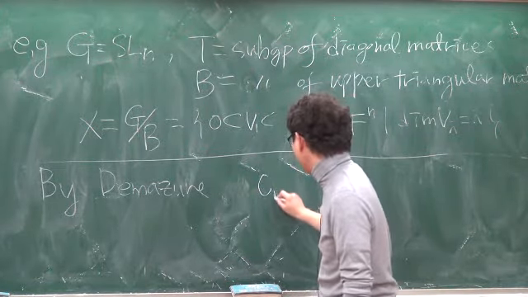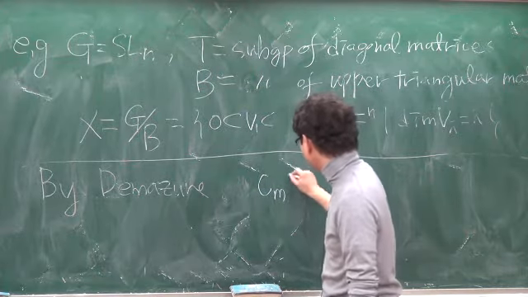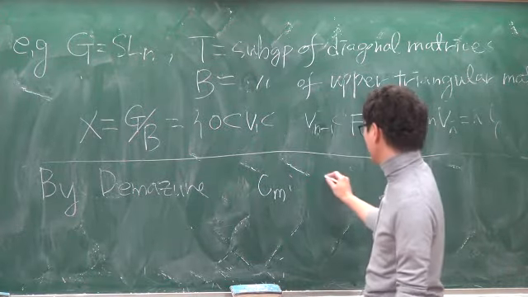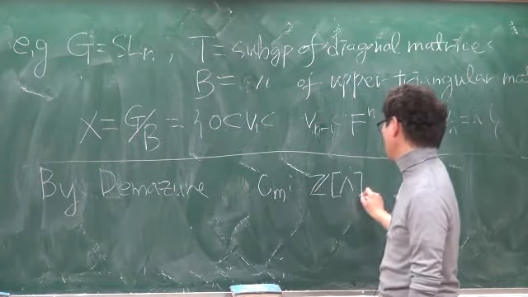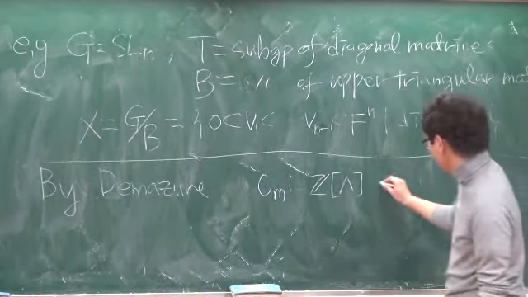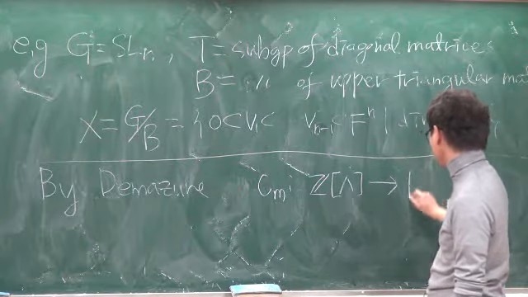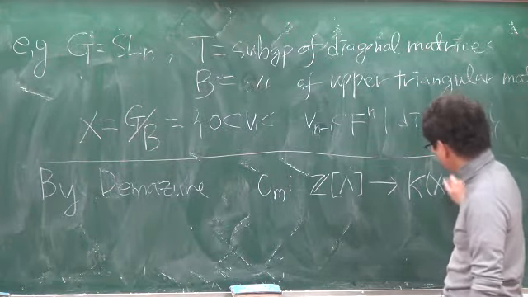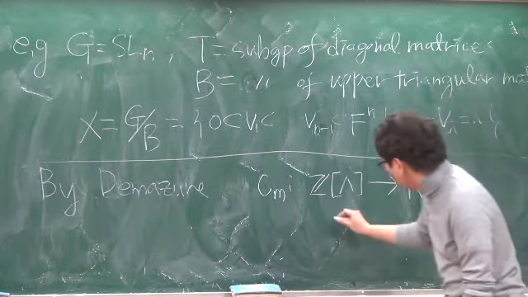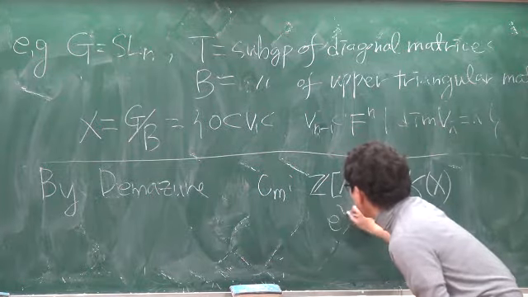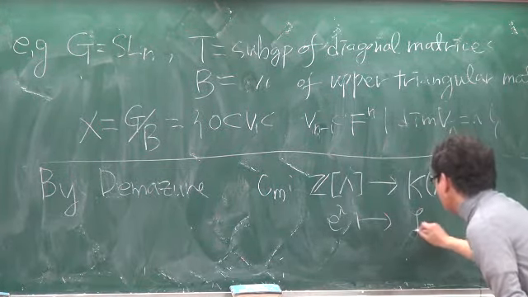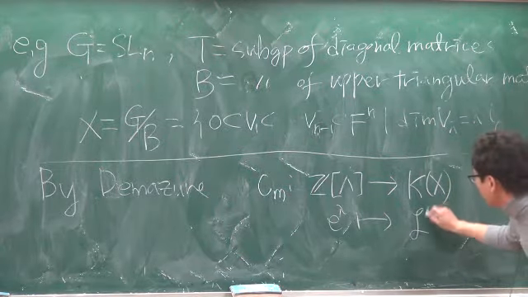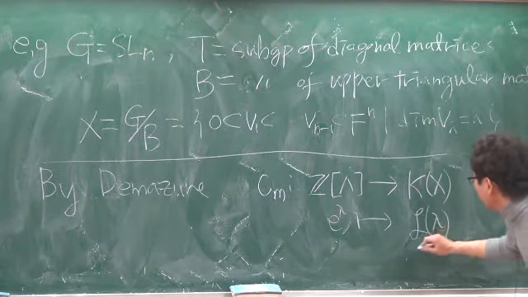The multiplicative characteristic map comes from the group ring to the Grothendieck group K_0 of X, which sends any element to the associated line bundle L of lambda.